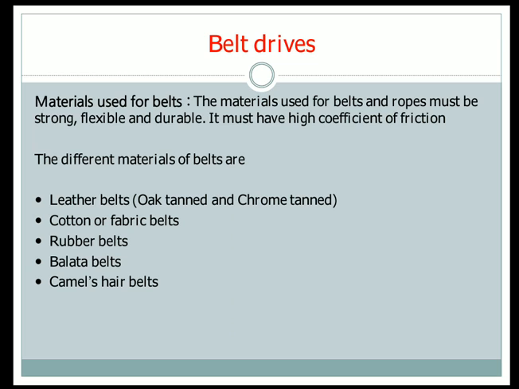Cotton belt is made up of pure cotton, and fabric is made up of different fibers and different polymers. The next type is rubber belt, which is made from rubber. The next type of belt is balata belt, and the last one is camel's hair belt. So there are different materials used for belts, and we need to judge the type of material which we are going to use.